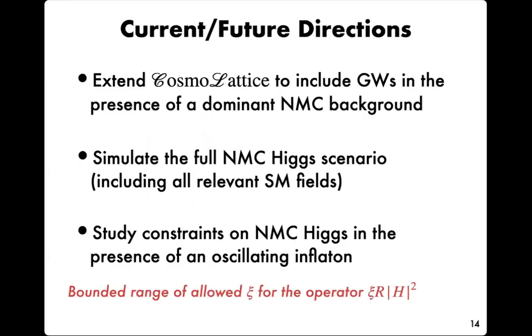Unfortunately, the problem is that you now have quite an exotic background, and defining your dynamical degrees of freedom for gravitational waves is much more complicated. So this is something that needs to be worked out carefully for an implementation into CosmoLattice, but it would be extremely interesting to study.